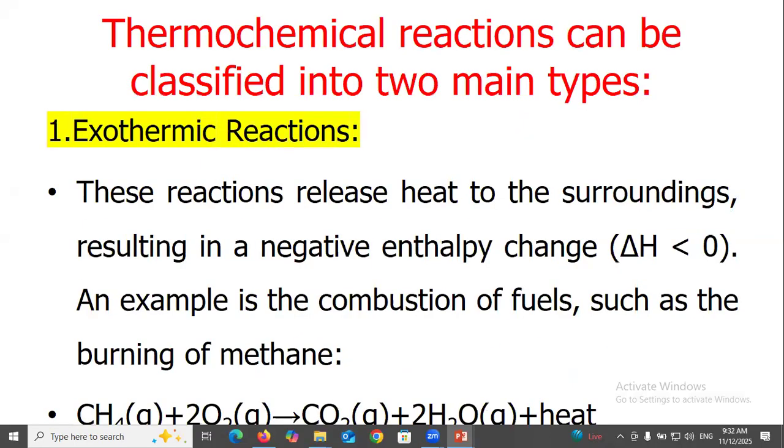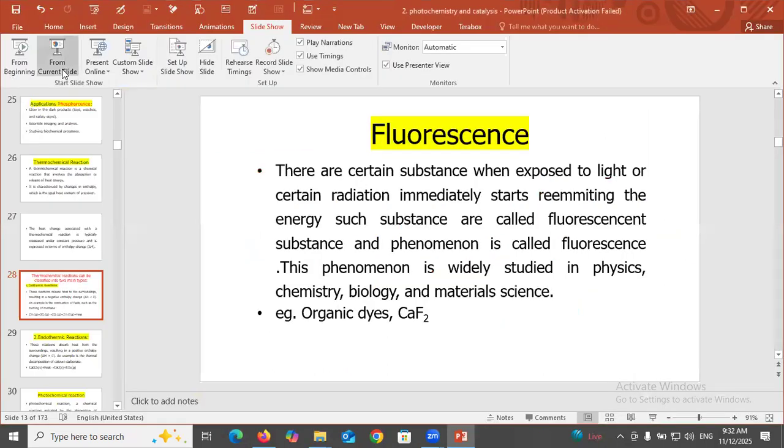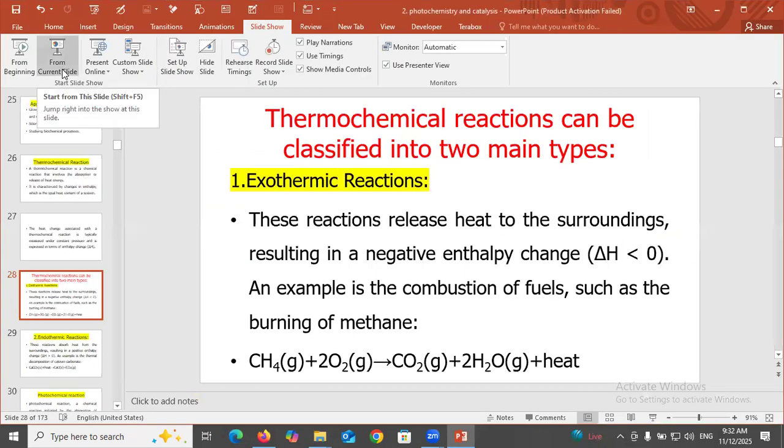Thermochemical reactions can be classified into two main types: exothermic reaction. This reaction releases heat to the surroundings, resulting in a negative enthalpy change, delta H less than zero. An example is the combustion of fuels, such as the burning of methane. Methane reacts with oxygen, that is the burning, and produces carbon dioxide, water, and heat.